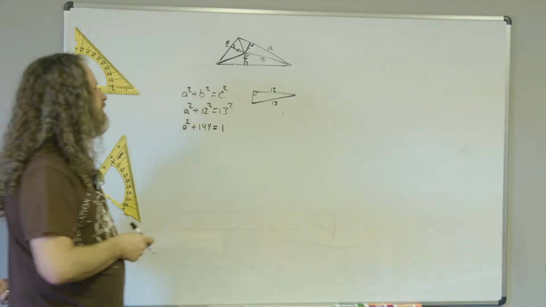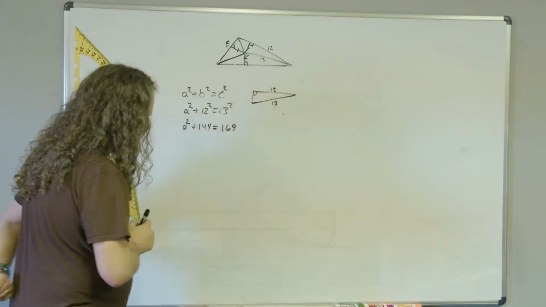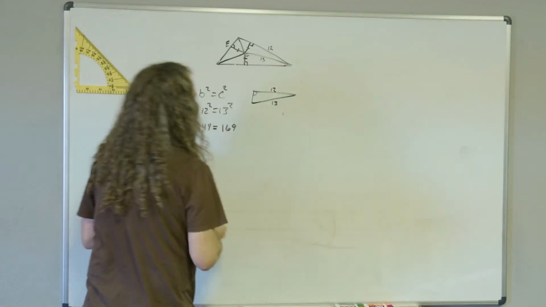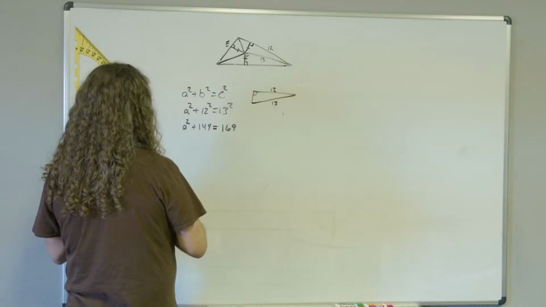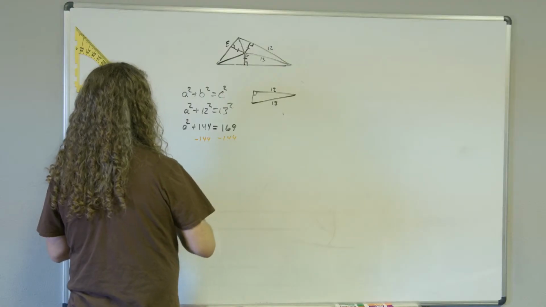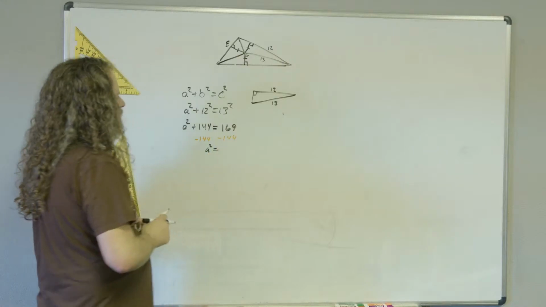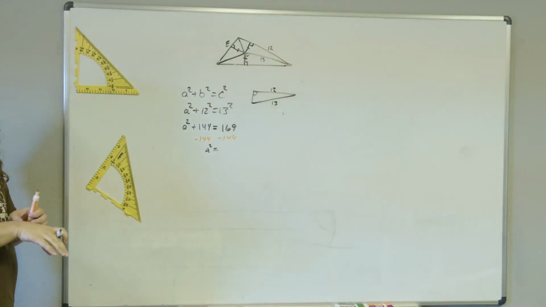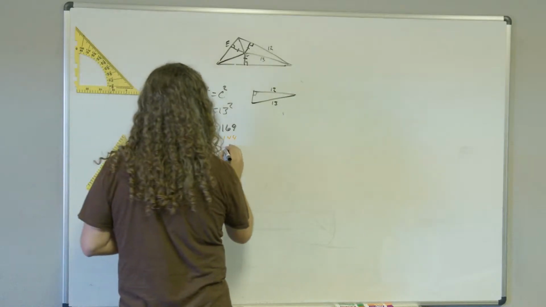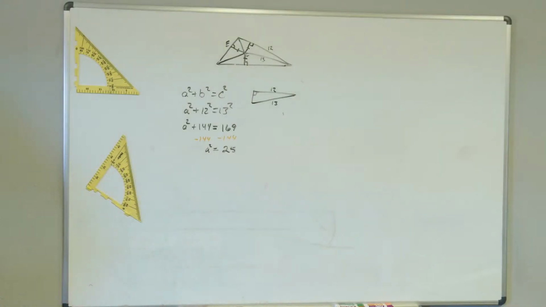It is 169. And we would subtract, right? So what's 169 minus 144? 25. It is 25. How do we get rid of that squared? Square root. We do square root.